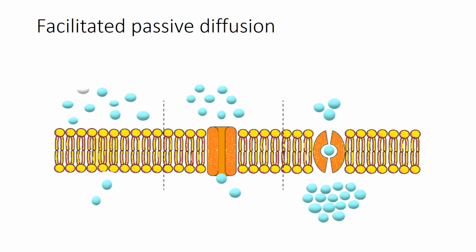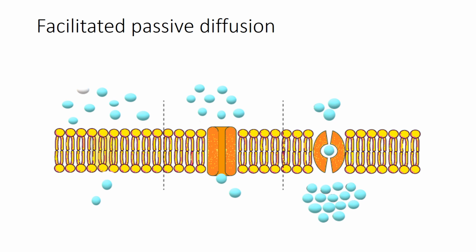Now, some less lipid soluble molecules like glucose cross membranes faster than anticipated. This can be explained with facilitated passive diffusion, which can be seen in this slide. So what we see, a carrier molecule in the membrane temporarily combines with a substrate molecule outside the cell membrane.